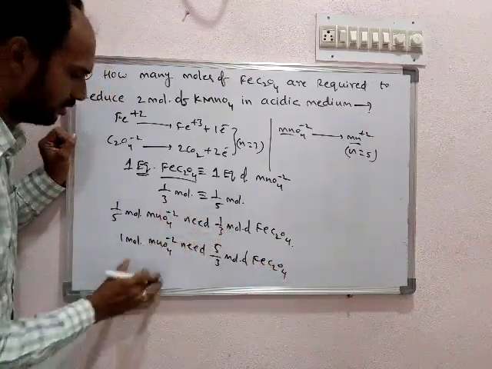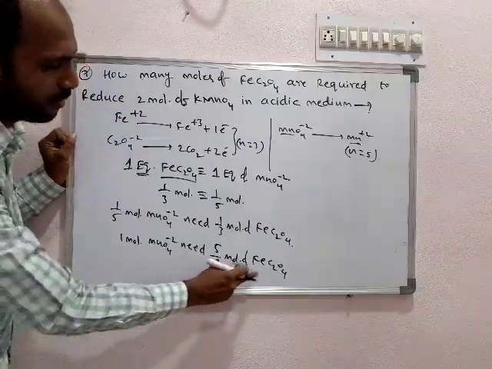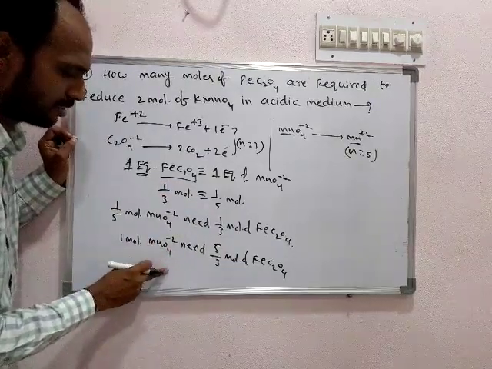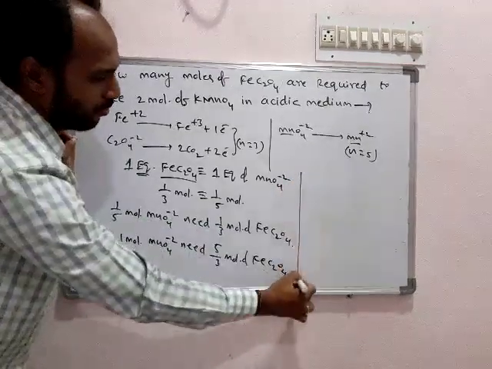From these clues, these hints, we can write 1 mole of MnO4 minus requires 5 by 3 moles of ferrous oxalate. One mole of MnO4 minus for its reduction needs 5 by 3 moles of FeC2O4.